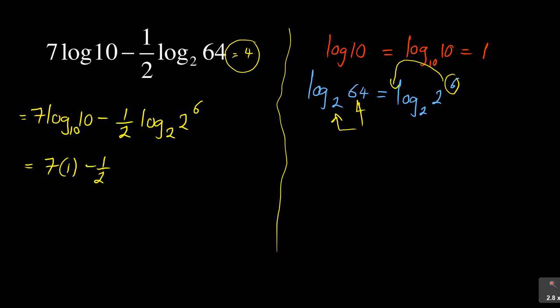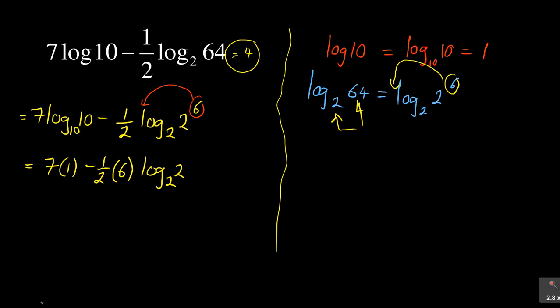Now I'm going to drop this 6. When I drop it down, it comes and multiplies 1 over 2. So it's times 6, or you can put in brackets in this case. You can actually say 1 over 2 into 6 log base 2 of 2.